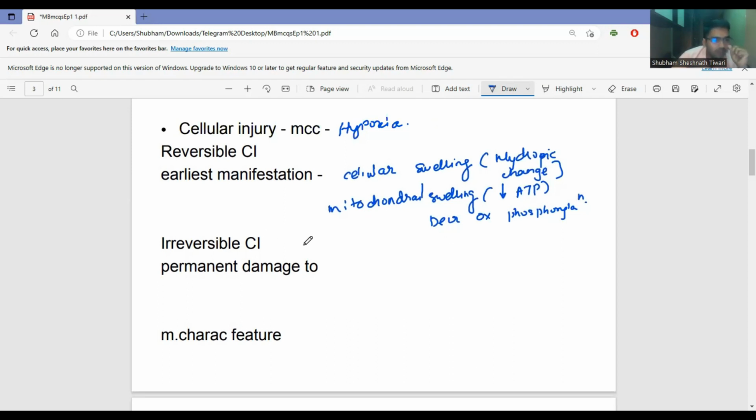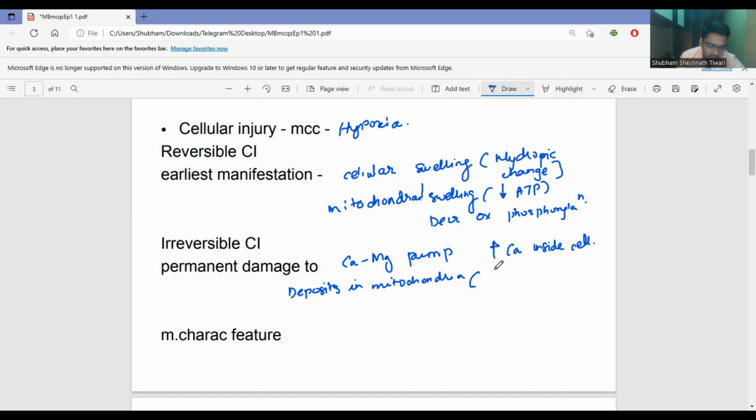And irreversible cellular injury is caused because of permanent damage to your calcium magnesium pump, which will cause increased influx of calcium ions inside your cell, and due to which there would be deposits in the mitochondria, and these deposits have the following characteristics.